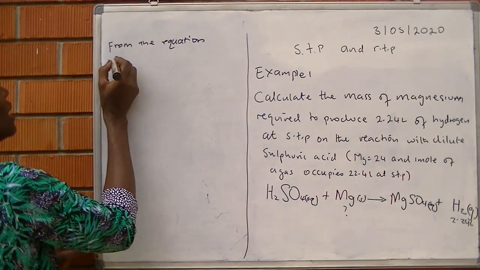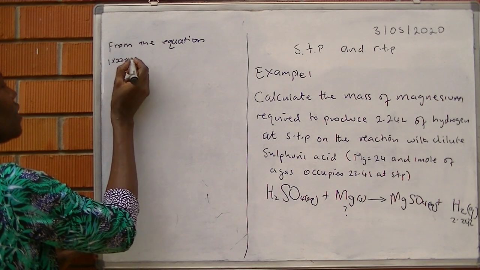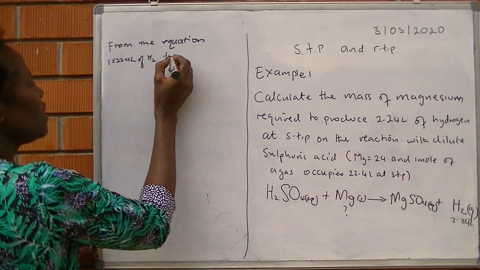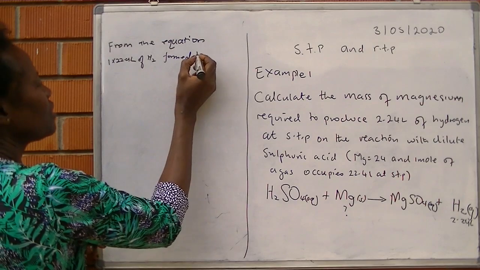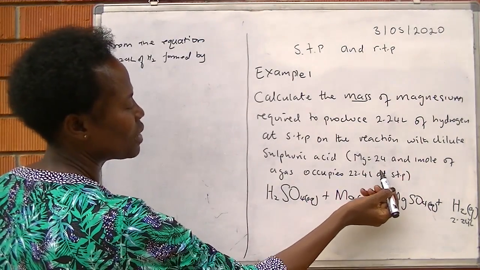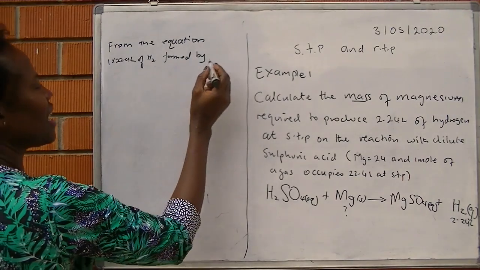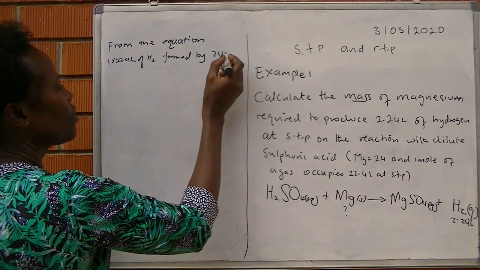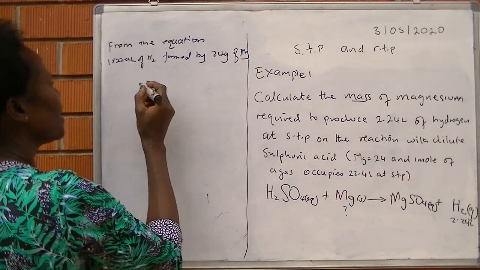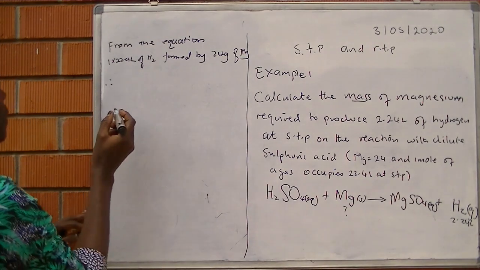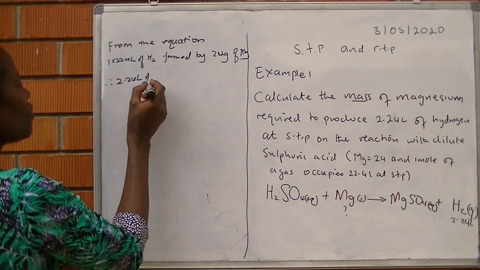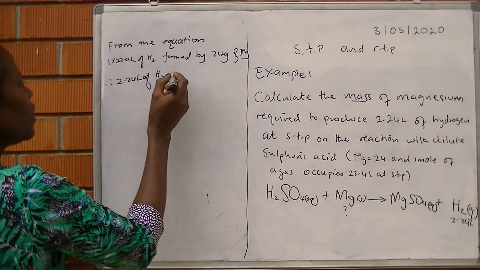We can say 1 times 22.4 liters of hydrogen was formed or produced by the atomic mass of magnesium. The atomic mass of magnesium is given to us as 24 grams of magnesium. Therefore, what about 2.24 liters of hydrogen?